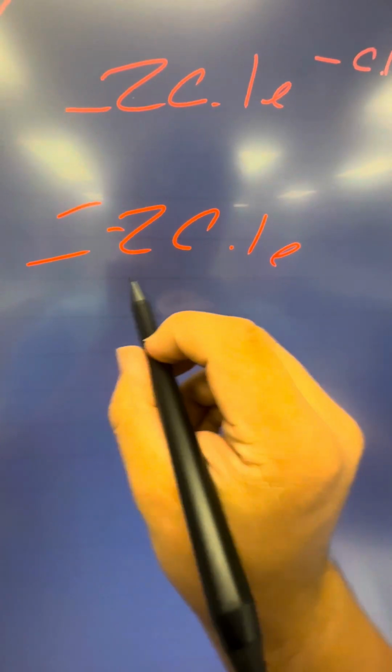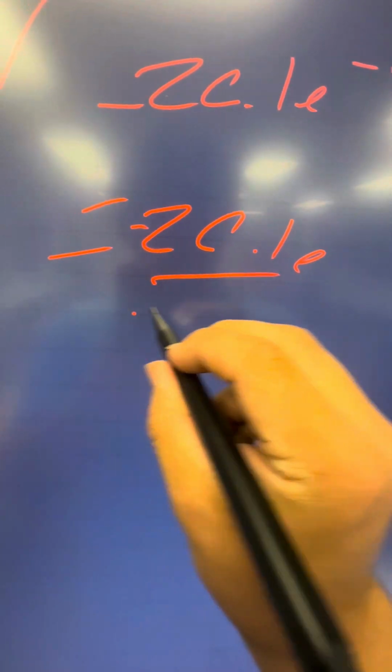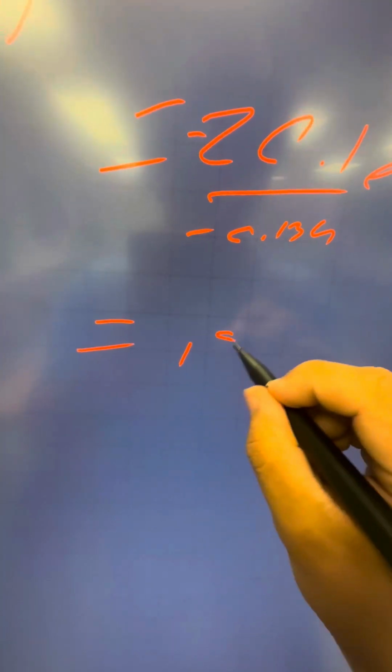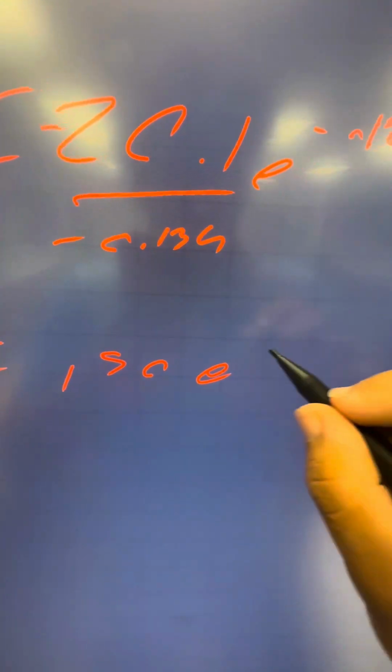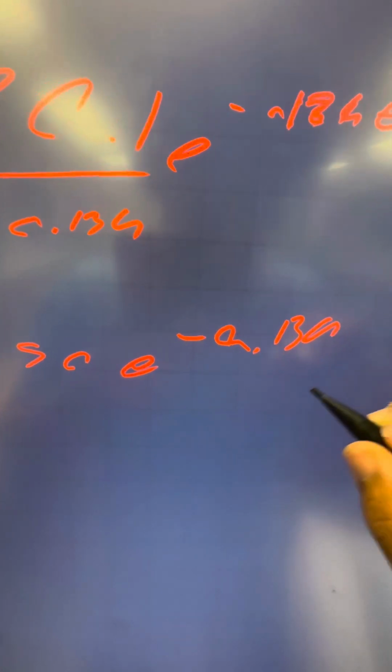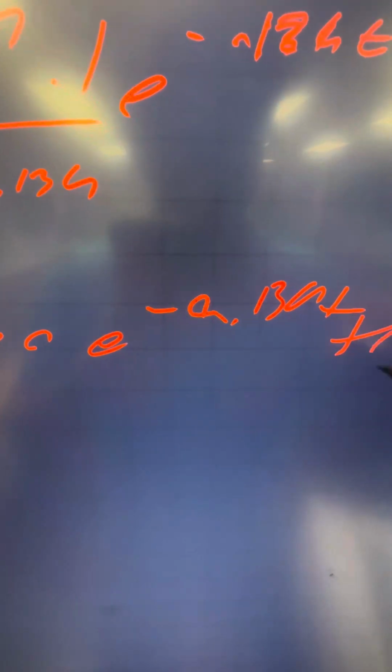That's going to be 20.1 e to the negative 0.134 t over negative 0.134, and that's going to equal 150 e to the negative 0.134 t plus c. So that's first, I just integrated the first order change.